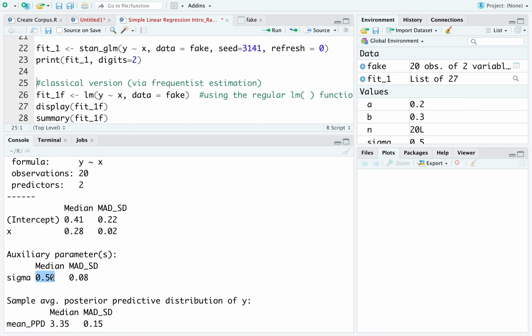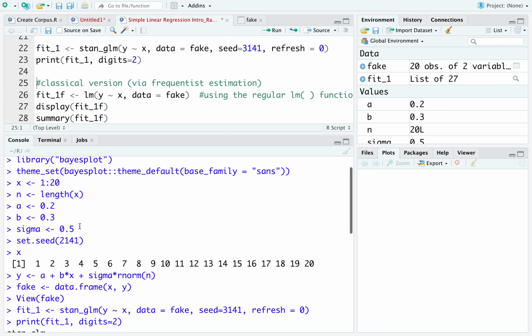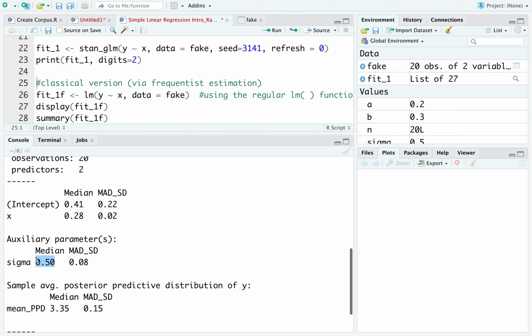But I'll mention this. Our best guess at what sigma is, remember what sigma is here? It's the standard deviation of the errors, and this is a much more precise measurement. We got it right on. We said 0.50.